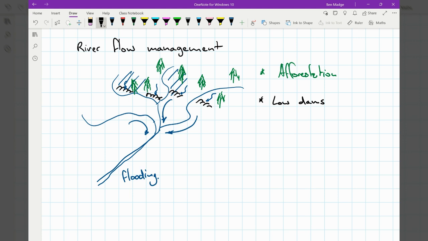We can also build larger dams to control river flow over a longer period of time by creating a lake behind it. So we can have large river flow control dams.